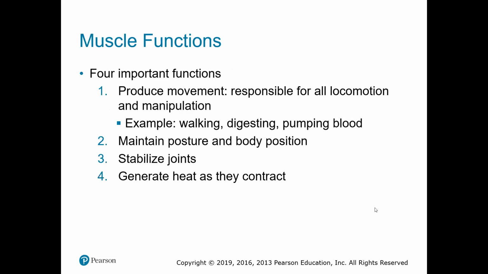So, okay. What do they do for us? Well, there are four things they do. They allow us to move. The number one thing that muscles do is allow movement. Our heart pumps blood. That's moving blood through our bodies. The smooth muscle squeezes food through our digestive system from the mouth to the anus.